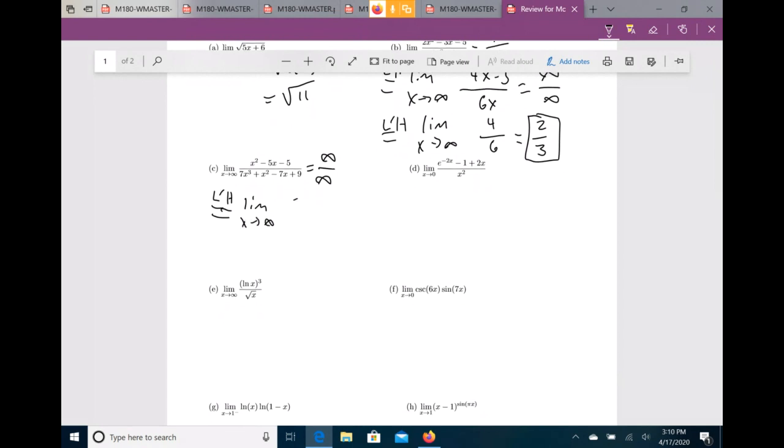If I take the derivative of 7x cubed plus x squared minus 7x plus 9, I'll get 21x squared plus 2x minus 7. Good. And I'll still get infinity over infinity.